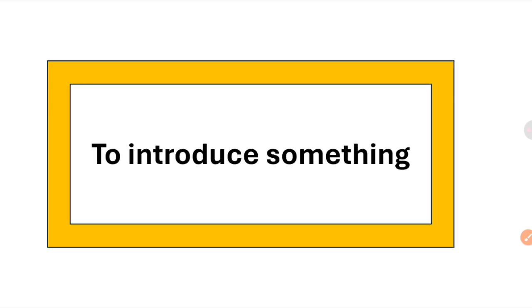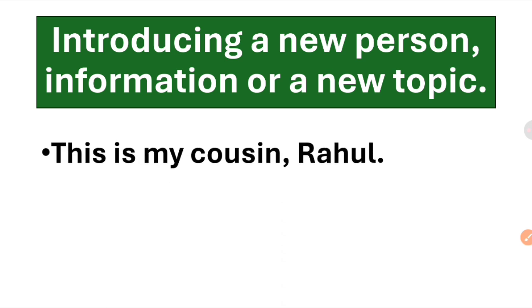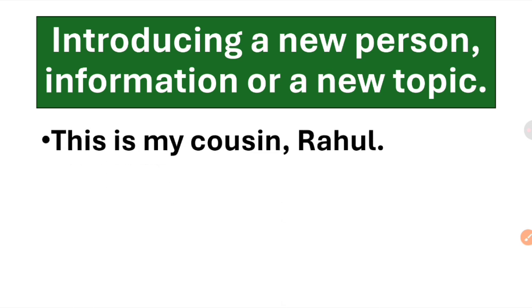Now, this is also used to introduce something. When you are going to introduce something, you will use this. So, you can introduce a new person, you can introduce a new information, or you can introduce a new topic. So, in that case, you will use this. For example, this is my cousin Rahul. So, you are introducing a new person to someone.